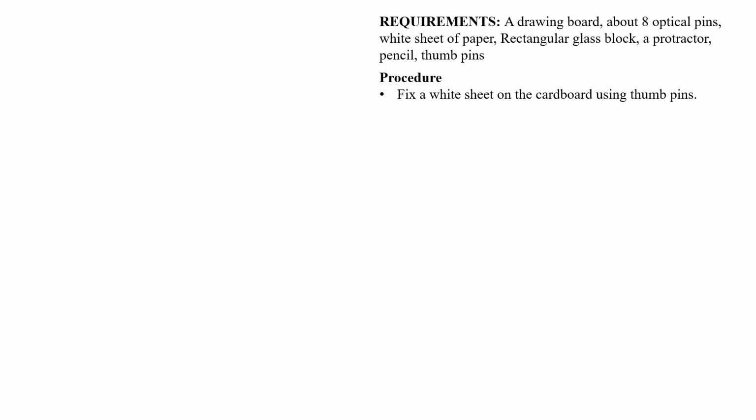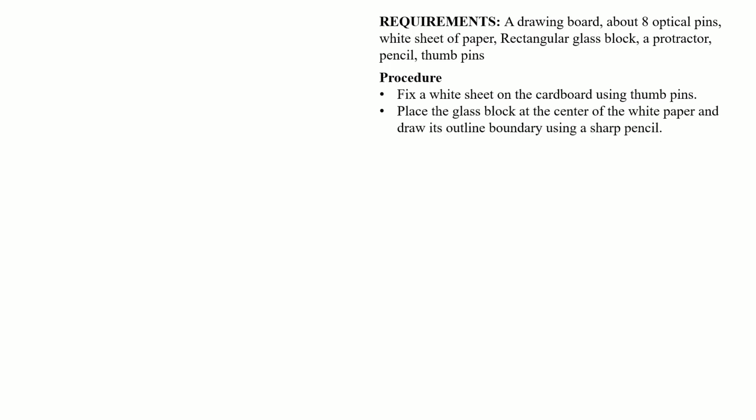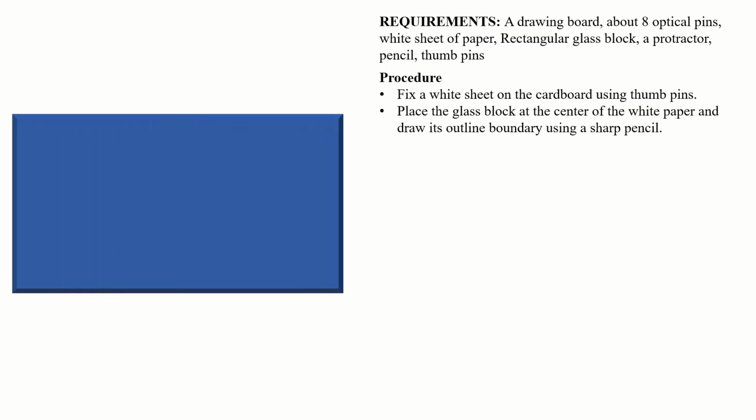The next step is to place a glass block at the center of the white paper and draw its outline boundaries using a sharp pencil. You just need enough space to do the experiment on the white sheet of paper. So that is my glass block, and we are going to make the outline of the glass block in black.